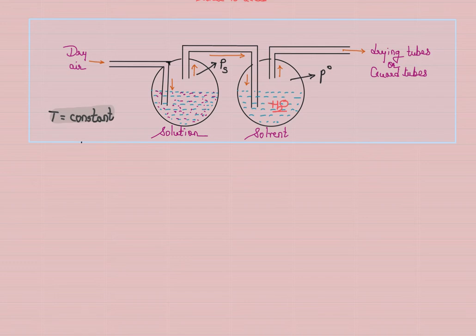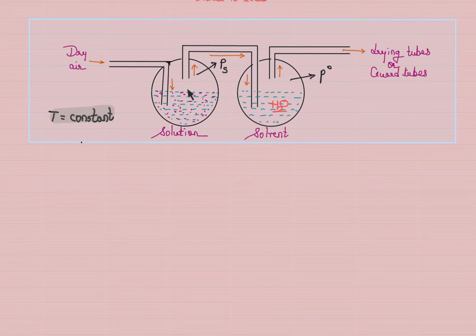Now let us understand one thing: as the air is passed through this bulb here, first of all, let us assume that there is only solution here and there is no solvent here. So there is only one bulb. Now when dry air is made to pass through a solution, it would carry with it some water vapors, and therefore the weight of this bulb would decrease.